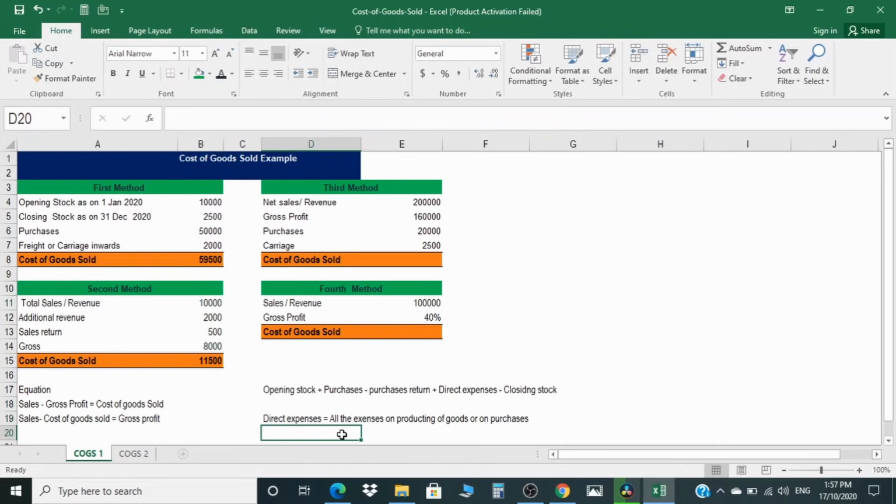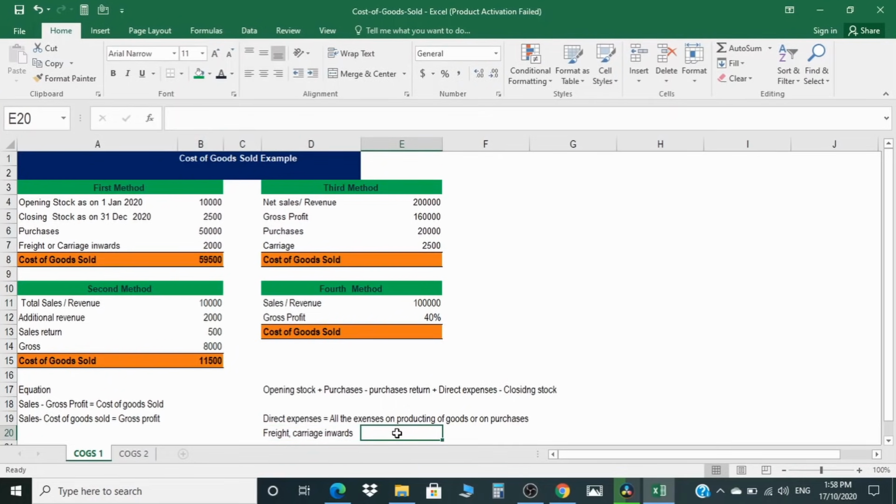These are your direct expenses, like I told you before. It can be freight, it can be carriage inward, not outward, because outward carriage is charged on the sale.